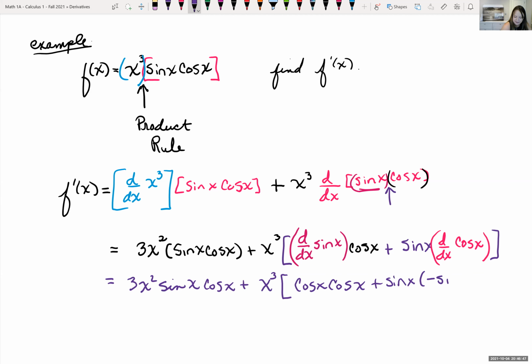So that's negative sine of x. So we have 3x squared sine x cosine x plus x cubed. So cosine x times cosine x, that's cosine squared x. And then it's going to be minus sine squared x.